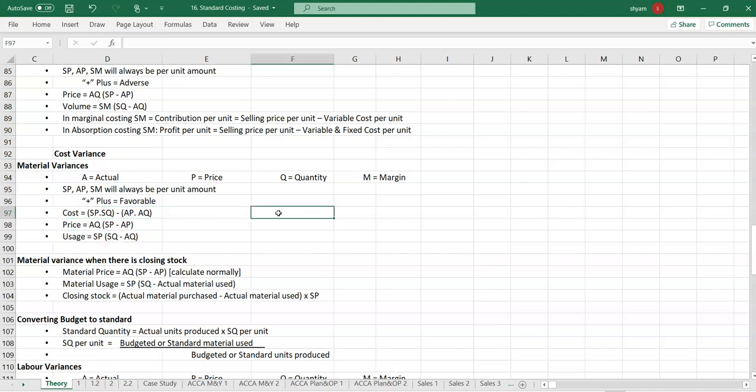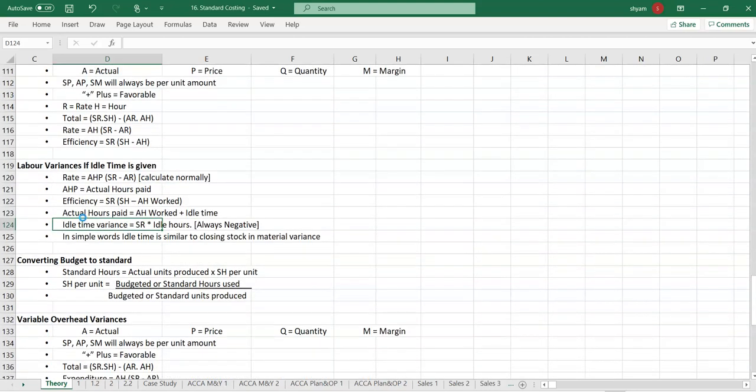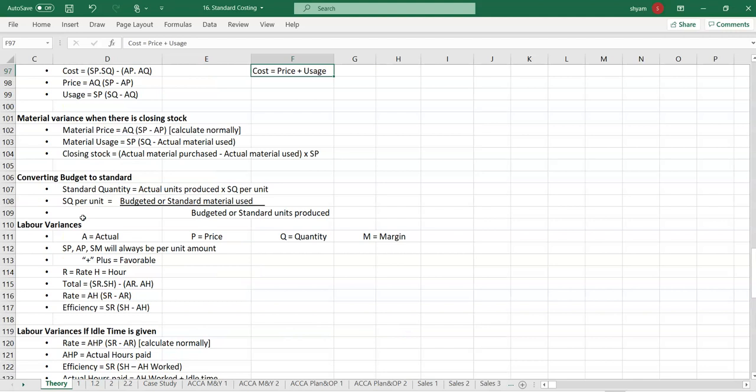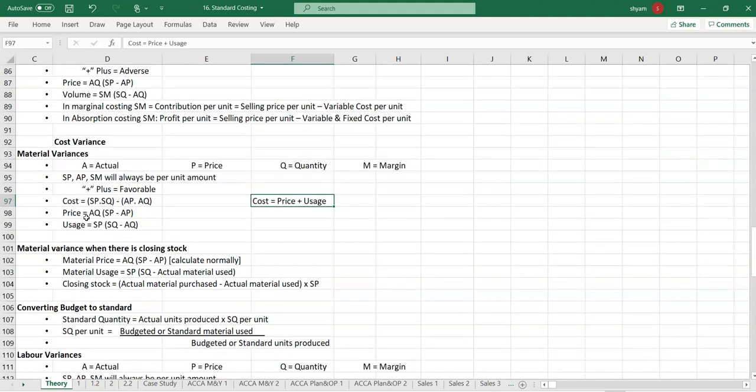So we can even put it like this: the cost variance will equal the price variance plus usage variance. These two variances are more important, but in some questions they also ask you this part.